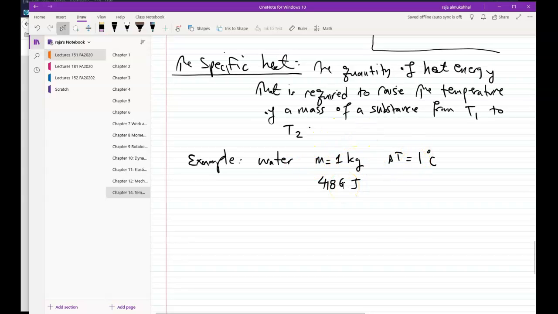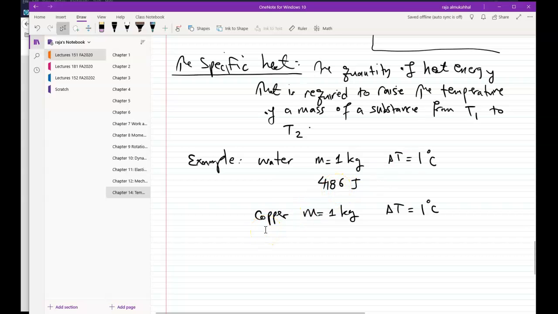Okay, now if I take, say for example, copper, that is exactly also 1 kilogram, and I want to raise this temperature also by 1 degree, just the same as water. You see the similarity between them? So I have water, 1 kilogram mass. I want to raise the temperature by 1 degree. How much heat do I need? 4,186 joule.